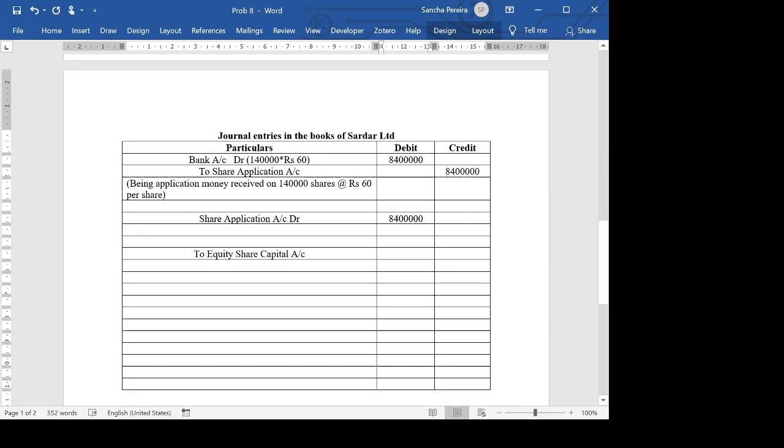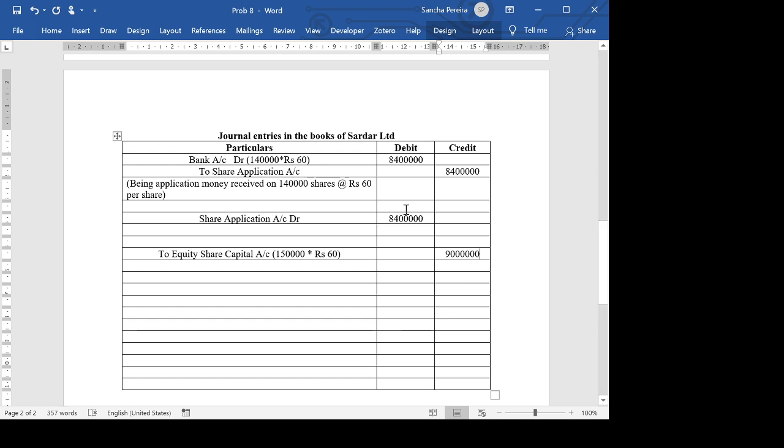So when I'm transferring to the equity share capital account, I'm going to say 1,50,000 into rupees 60, which comes to 90 lakhs.